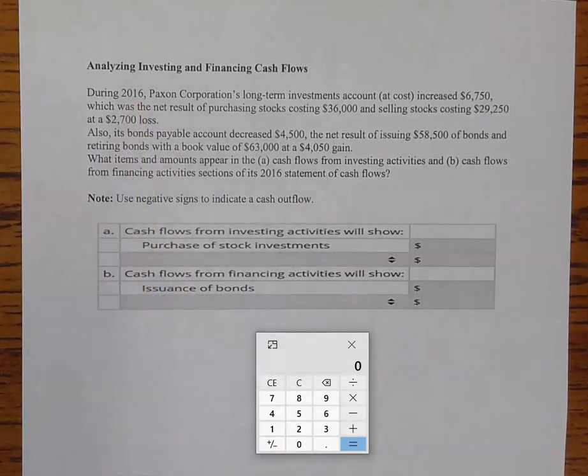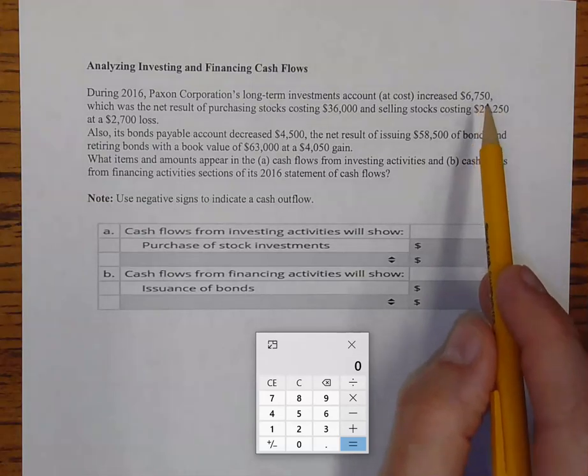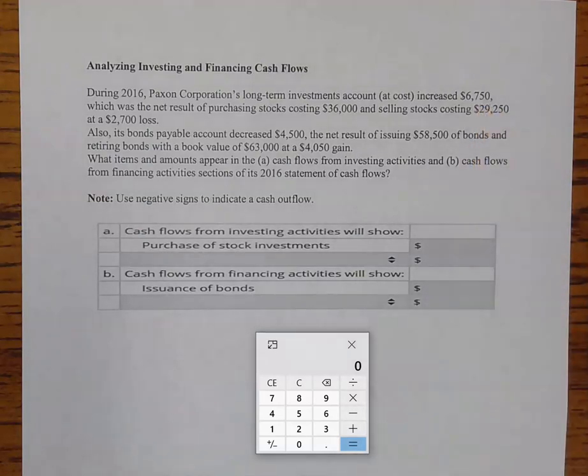December 2016, Paxton Corporation's long-term investment account increased by $6,750, which was the net result of purchasing some stock for $36,000 and selling stocks that cost $29,250 at a $2,700 loss.